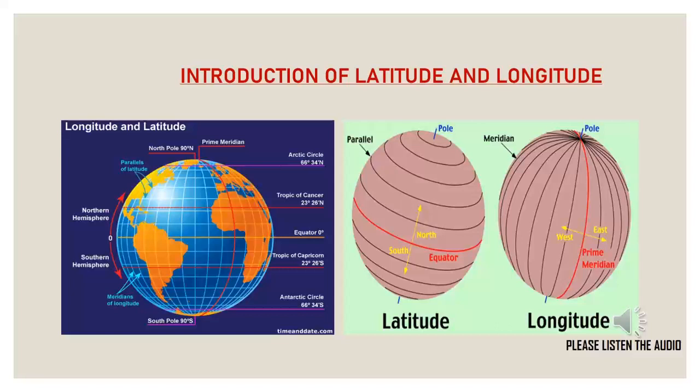There are a total of four important parallels of latitude. One, the Tropic of Cancer, which you can see at 23 and a half degrees north. The Tropic of Capricorn, which is in the southern hemisphere, marked here at 23 degrees 26 minutes south. The Arctic Circle, which is at 66.5 degrees north of the equator, and the Antarctic Circle, which is at 66.5 degrees south.